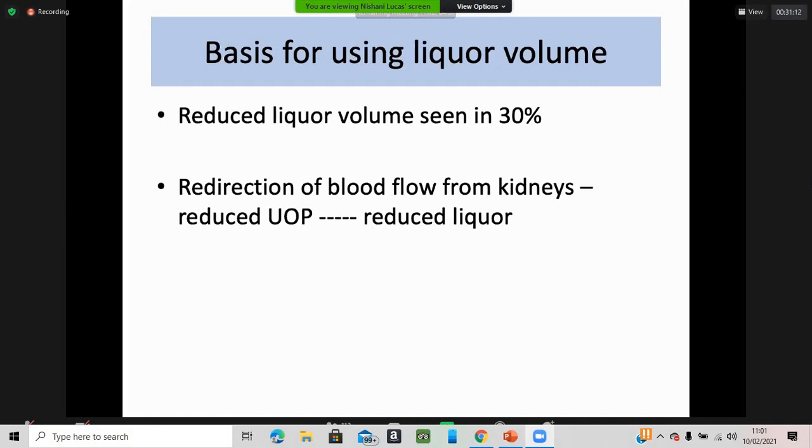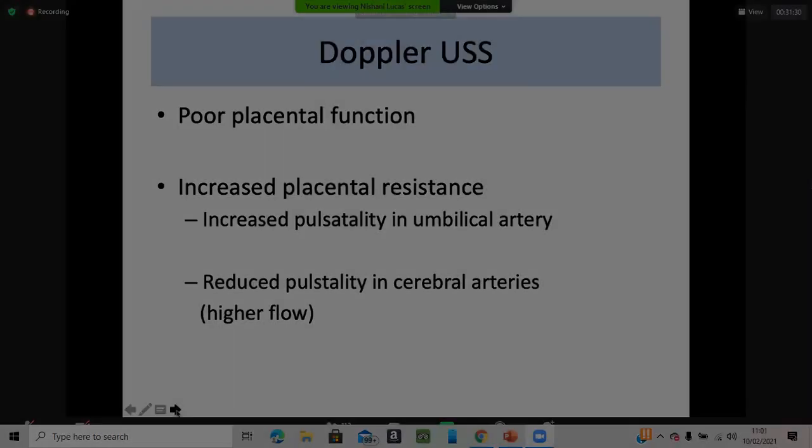This causes reduced blood flow to the kidneys, resulting in reduced urine output, which contributes quite a lot to the liquor volume. So if the urine output is reduced, the amount of liquor is reduced, right?